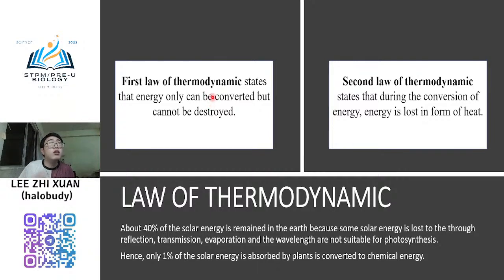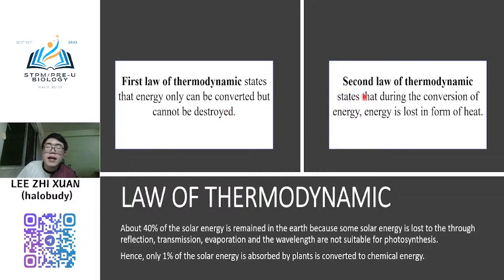We can only convert energy, but we cannot destroy it. There is no such thing as destroying energy, in nature or even in the human artificial way. This is the first law.